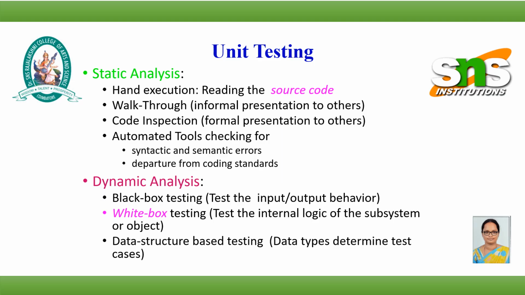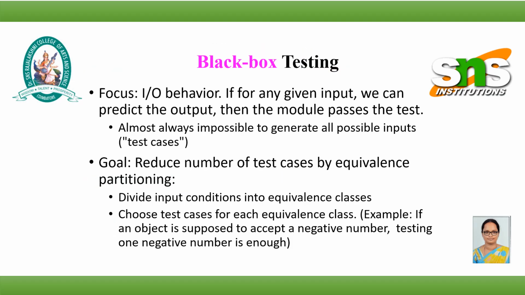So that is checked in static analysis. Dynamic analysis includes black box testing, white box testing, and data structure based testing. Black box testing means the input and output behavior will be tested, and white box testing tests the internal logic of the subsystem and the object. In data structure testing, data types determine the test cases.